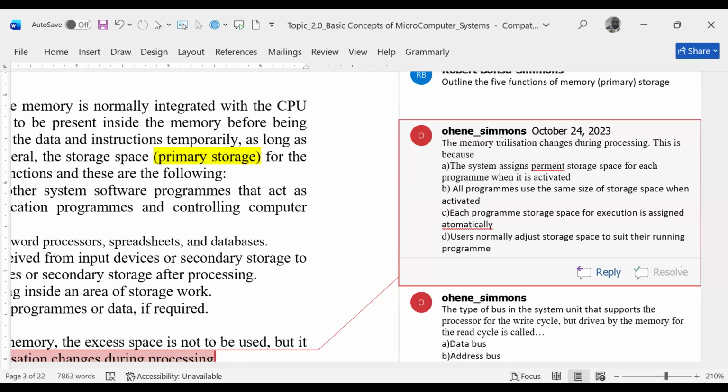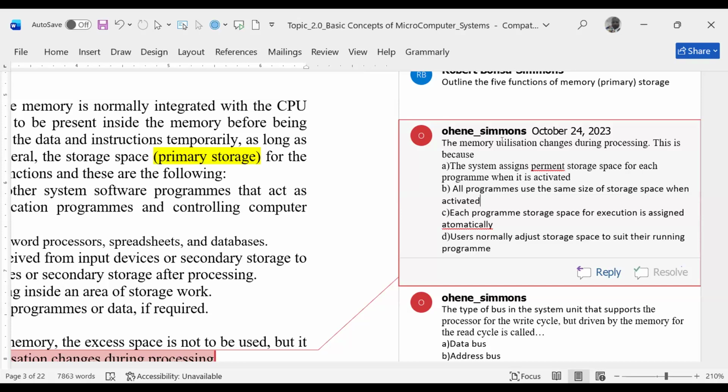Do you understand the question? We want you to answer everything for us. Yes, so they are saying that there is a statement, that the memory utilization changes. Do you understand the question? Yes, I understand.